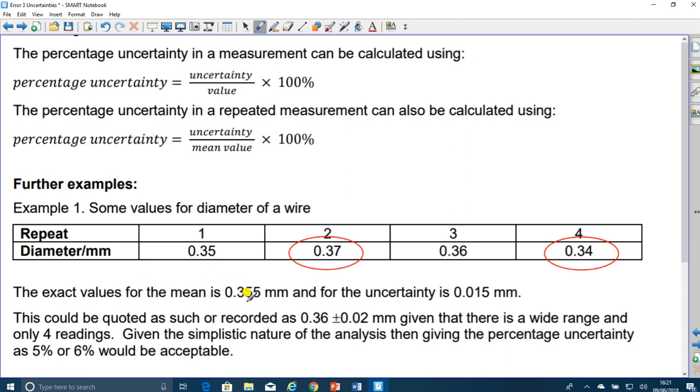The exact values for the mean are whatever, the uncertainty is whatever. Given that there's a wide range in only 4 readings and the simplistic nature of the analysis, giving the percentage uncertainty as 5% or 6% would be fine. So in that example, they're showing us that there's some flexibility because of the nature of that experiment.